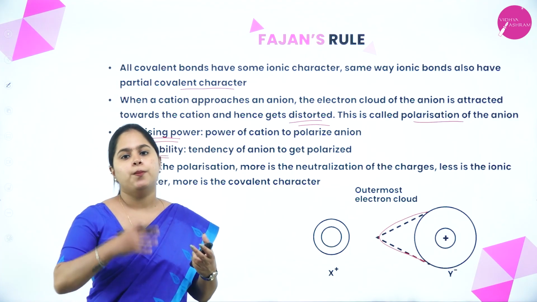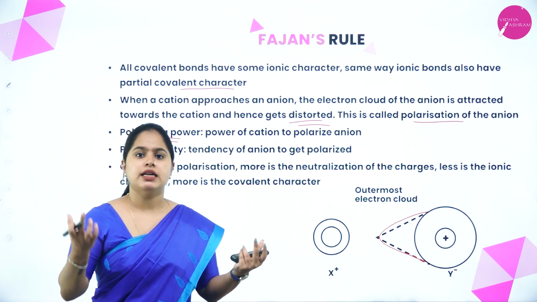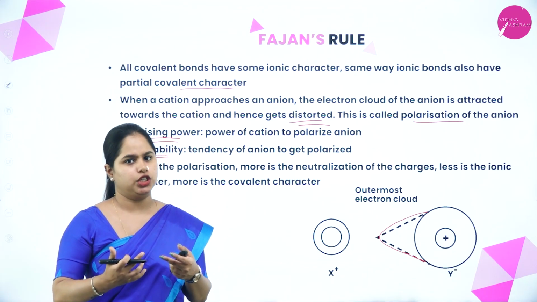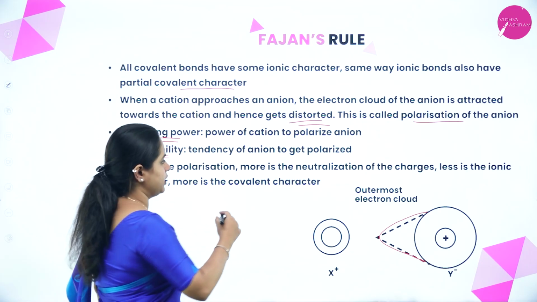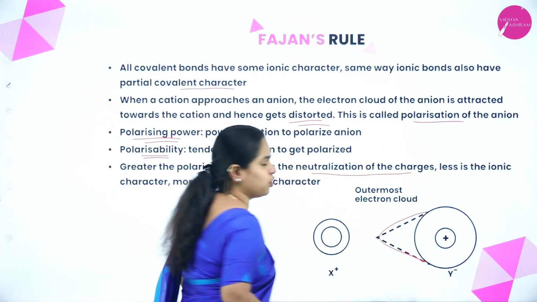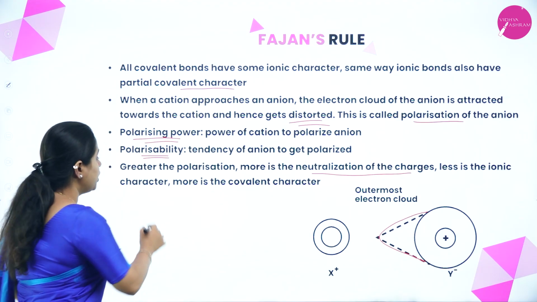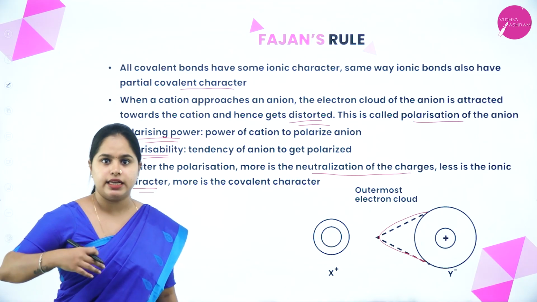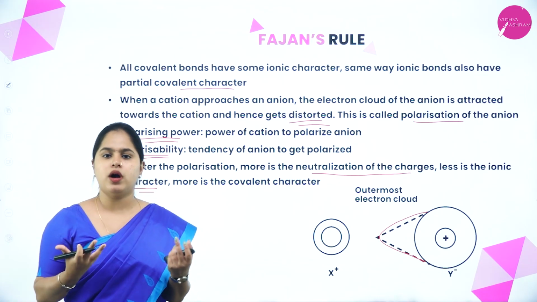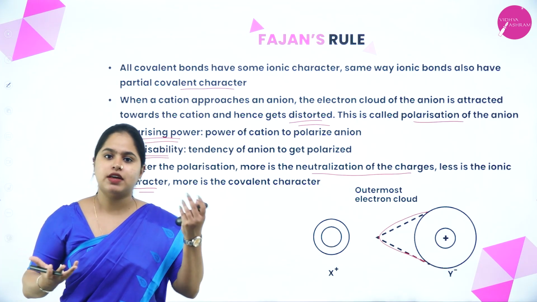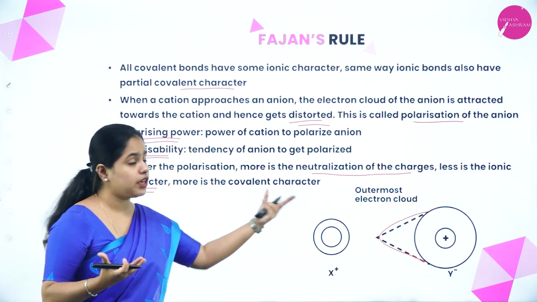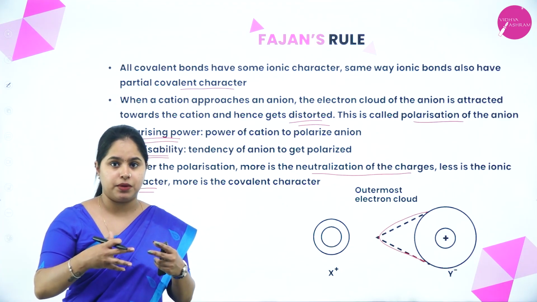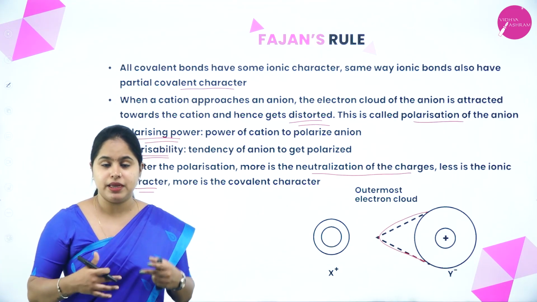Positive and negative charges start neutralizing each other as they come closer. And this neutralization of charges means the ionic character becomes less and less. Ionic character means an ionic bond formed by positive and negative charges, ions. So if the charges are neutralizing, the ionic character becomes less and less.